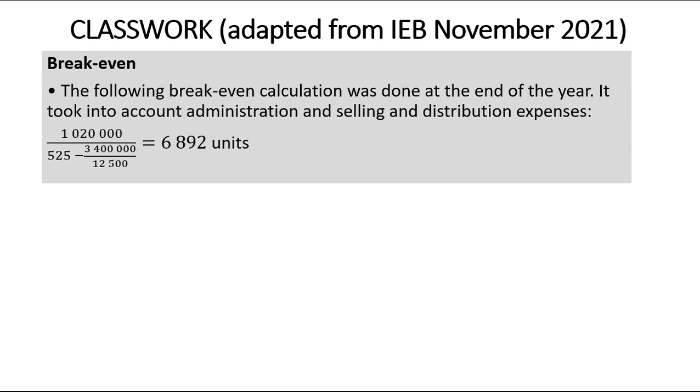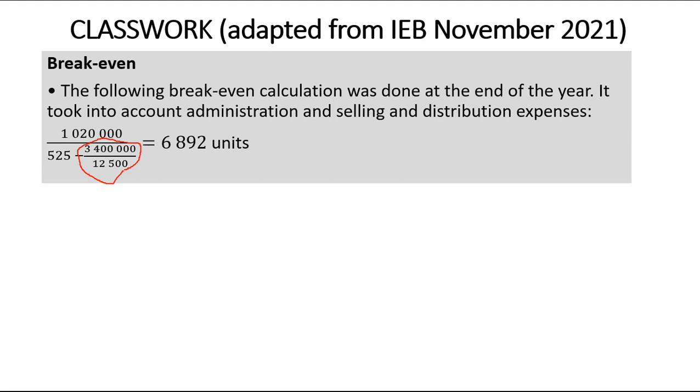So if you want variable cost per unit, you will take total variable cost, which is that 3.4 million, and divide it by the number of units produced or sold, which is 12,500. So that will give you a variable cost per unit. This here, it's your variable cost per unit. And as I've said, that 525 will be your selling price per unit.